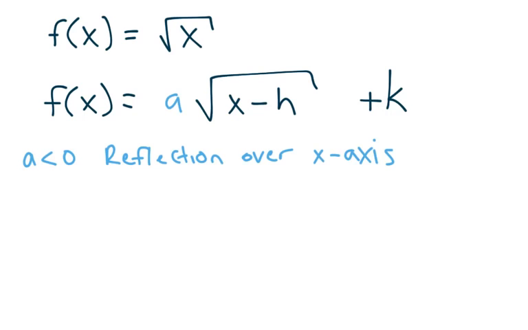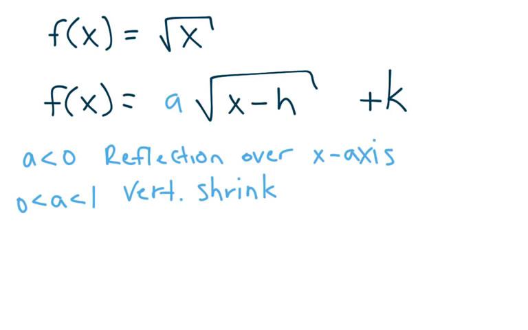And then we broke it down even more. I said, if your a ends up being a fraction, then we call it a vertical shrink. And that's our dilation point.